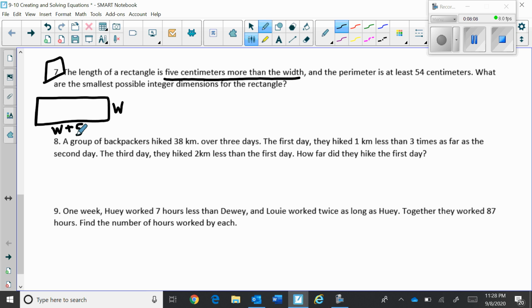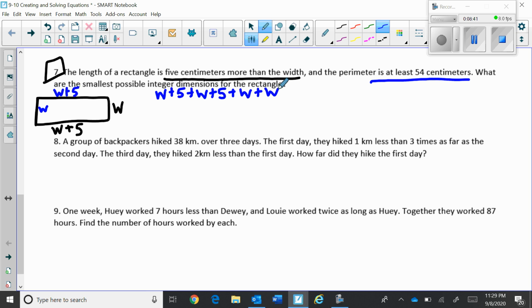It says the perimeter is at least 54 centimeters. All right, so if we set up our perimeter, remember, perimeter is adding all the sides together. So if that's W plus 5, the other side is W plus 5, and this one's W. So W plus 5 plus W plus 5 plus W plus W. For this one, it is at least 54 centimeters.